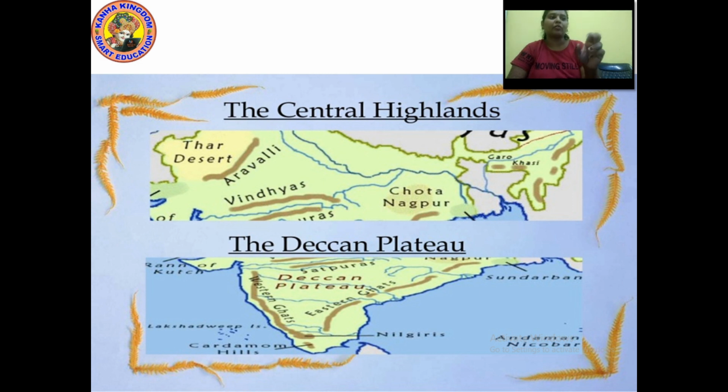In the Deccan Plateau you are able to see Rann of Kutch, Western Ghats, Eastern Ghats, the Satpura Mountains, the Sundarban Forest, and the Nilgiri Hills. Usually these are the other physical structures, but the main thing is that in the middle part you have the Central Highlands and in the lower part, in the south, you have the Deccan Plateau.